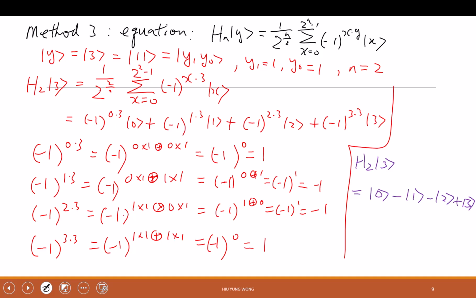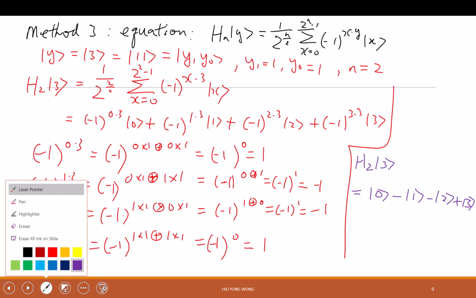There's a problem here. This doesn't look like normalized, right? What's the other problem? 1 by 2. 1 by 2, right? I said something wrong again, because 1 over 2 to the power 1, of course, is 1 by 2. Somehow I thought that it is 1.